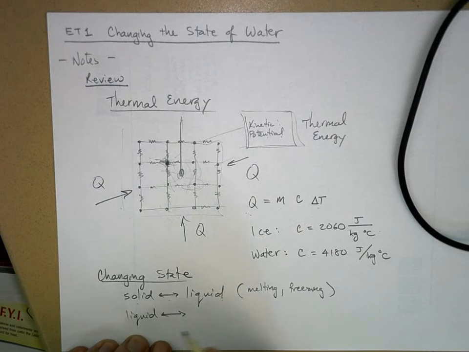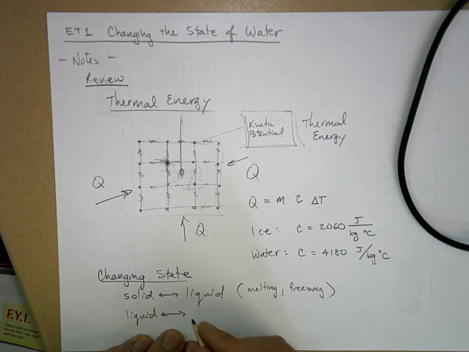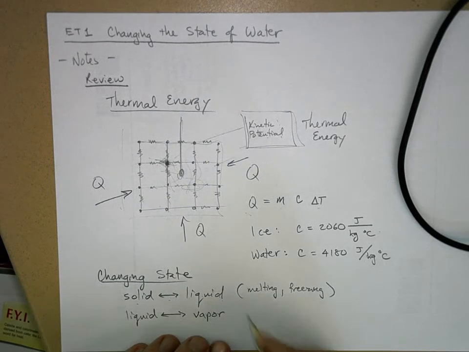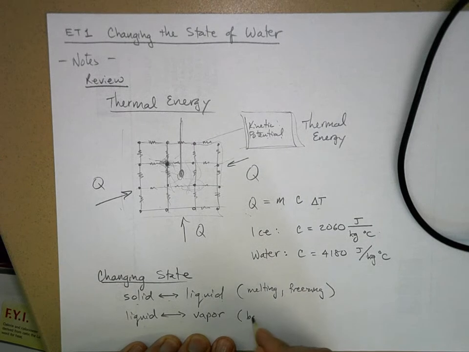Then you have a liquid that can evaporate, or you can boil it away, and that's from a liquid to a vapor or a gas. When water is in a gaseous form, we call that vapor or water vapor. So if you go from a liquid to a water vapor, we call that boiling.